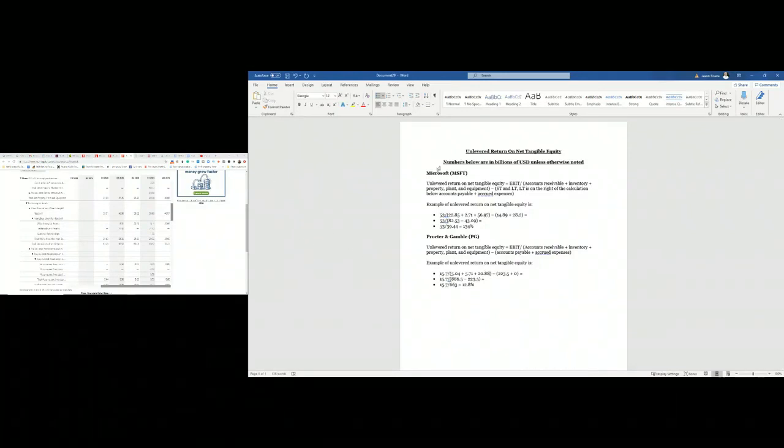Accounts payable and accrued expenses. Okay, let's bring this down. And again, if I was doing this for a longer term thing, I'd make this more clear, because this isn't very clear right here. But just for these purposes, I'm going to save time and do it that way.